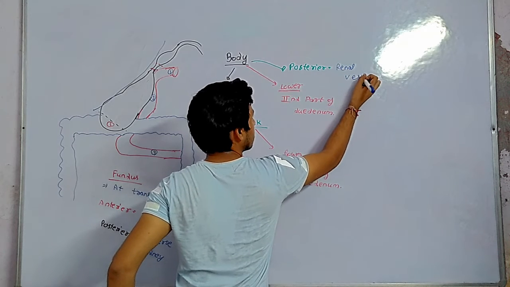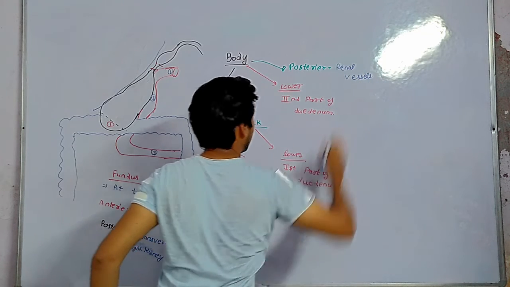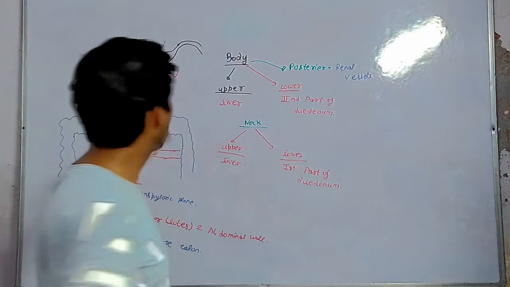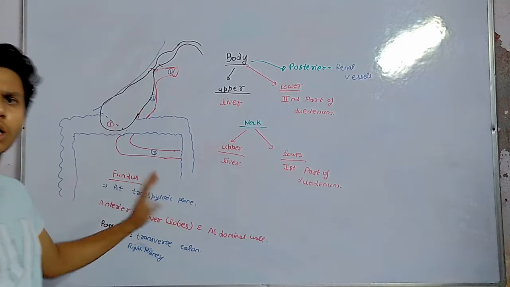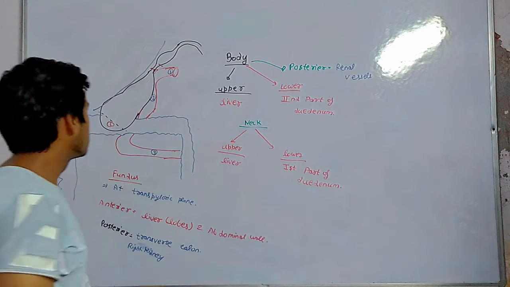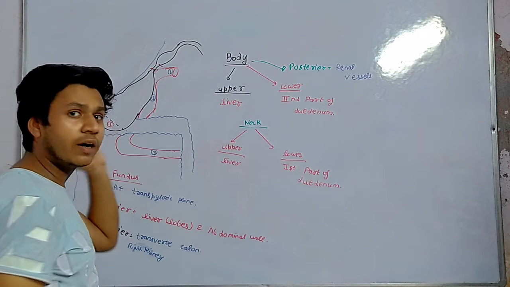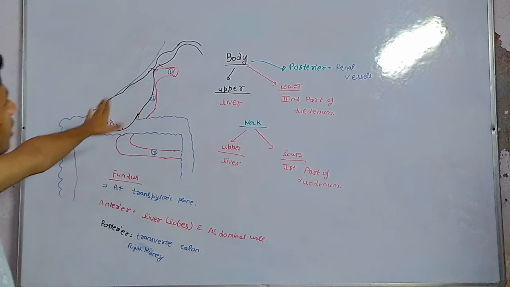Renal artery, renal vein, all these come in the posterior relations. Then the ureter also comes, and the posterior abdominal muscles also come into these relations. We can write psoas major, transverse and quadratus lumborum, all can come in the posterior relations.